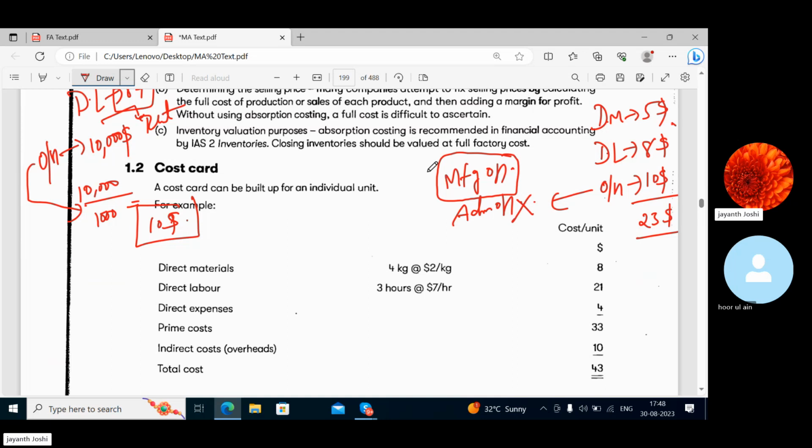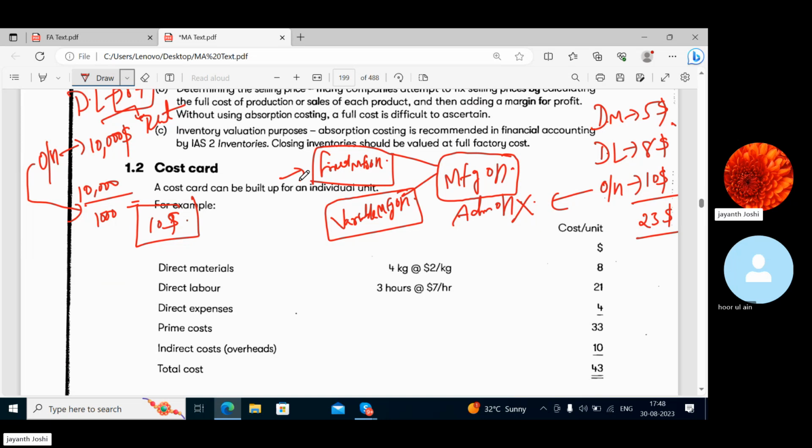And manufacturing overheads can still be divided into two parts: fixed manufacturing overheads and variable manufacturing overheads. This you can still get per unit wise, but this will always be in total amount. So we need to find out per unit wise, and I explained right now how to do that.